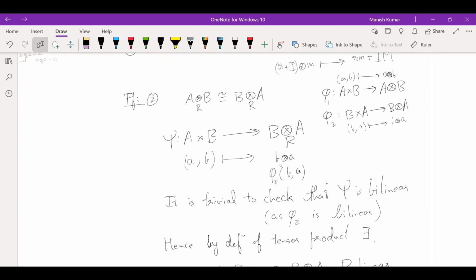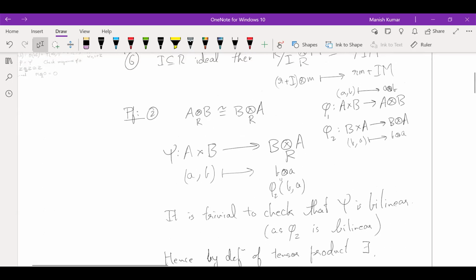A cross B is A direct sum B. So (a, b) you send to the element b tensor a of R, with this structure map. B tensor A is precisely the image of this bilinear map.